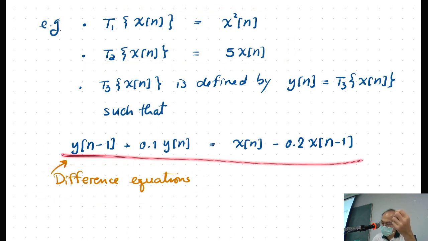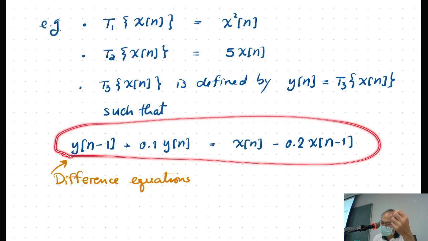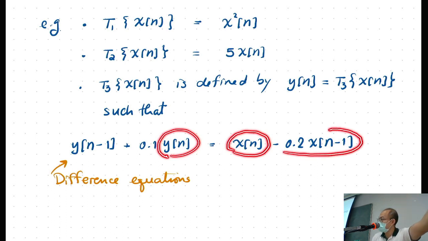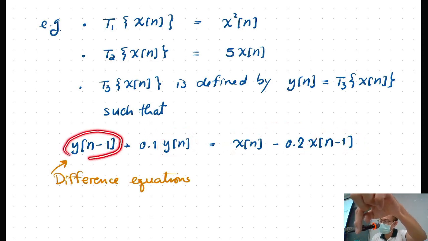In this case, the output y[n] from the system would be the value of the input at time n minus the value of the previous input multiplied by 0.2, and minus the value of the previous output.